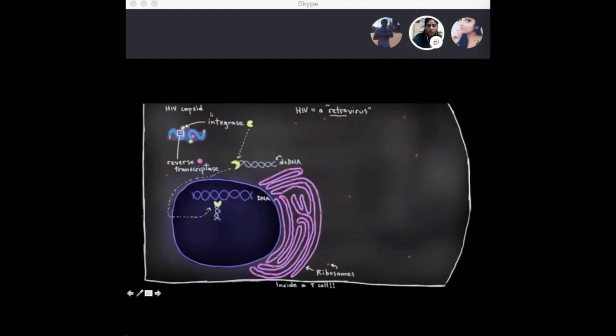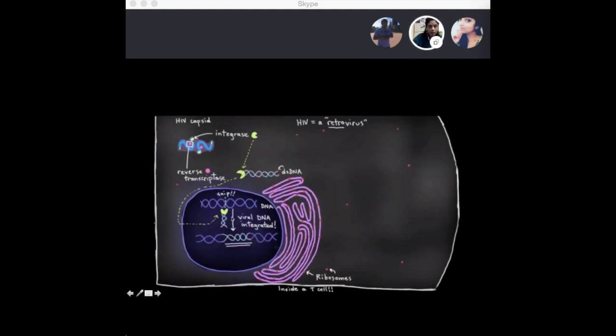a protein called integrase is going to tag on to the double-stranded DNA, and it's going to transport it into the nucleus of the helper T cell. And then here, the integrase actually cuts the DNA of the CD4 cell, and it's going to integrate our viral DNA into the normal T cell DNA.